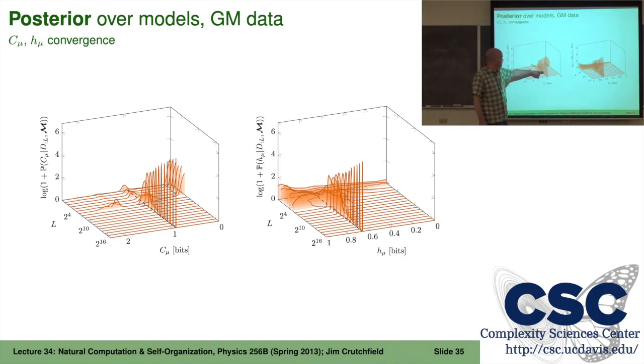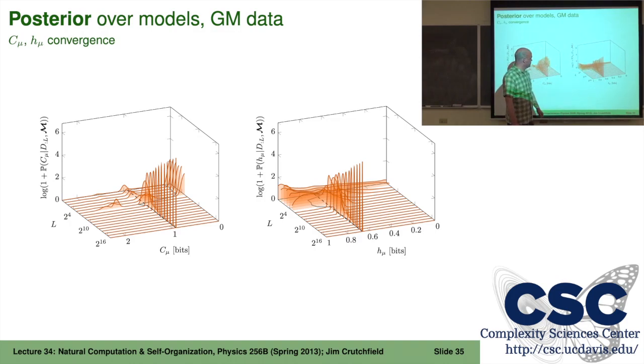And so the fact that I used beta equals 4 means that the estimates are very small and then converge to the right thing. But it also shows that, in particular, for sample sizes that are not that large, this is a multi-peaked thing, and it's not at all clear for C mu. There's ambiguity in the structure. And entropy rate here, again, we have this broad distribution at very small data lengths, and as you get more and more, it converges to the right value.